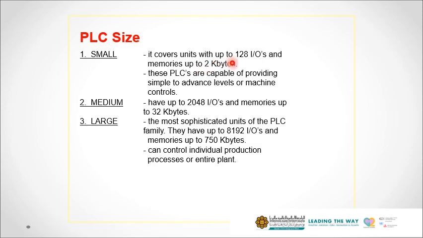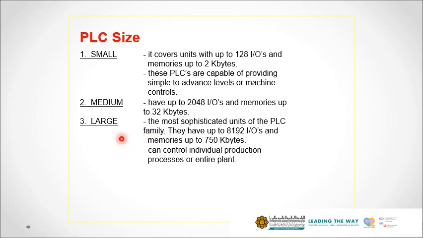So if it is within 128 IOs with 2 kilobytes of memory, then we refer to a smaller size PLC. And these PLCs are capable of providing simple and advanced levels of control. Medium-sized PLC memory can go up to 32 kilobytes, and the IOs can be as high as 2048.